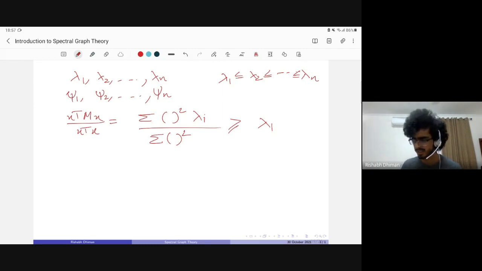And as we showed earlier, when x is an eigenvector with value lambda, this thing is nothing but lambda, so equality is achieved as well.